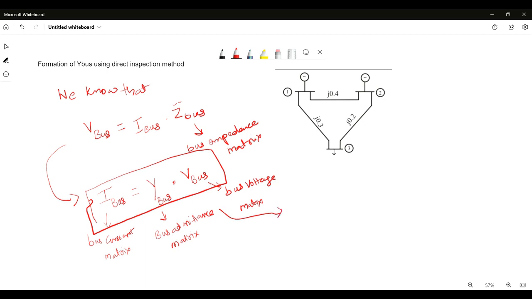This equation can be written as I1, I2, I3 up to the nth bus. So we are expanding this equation up to n buses.